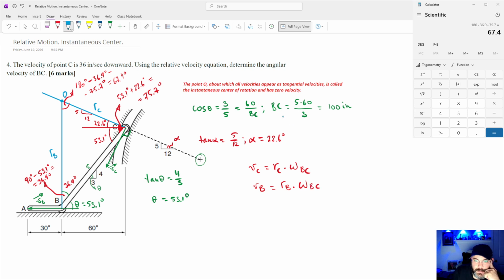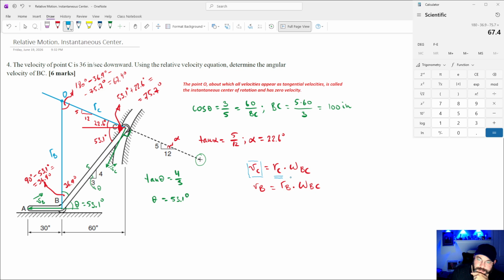Okay, so what are the knowns? Velocity c is known, right? And if we calculate our RC, that's the radius, we can calculate omega bc, and that's what we need.